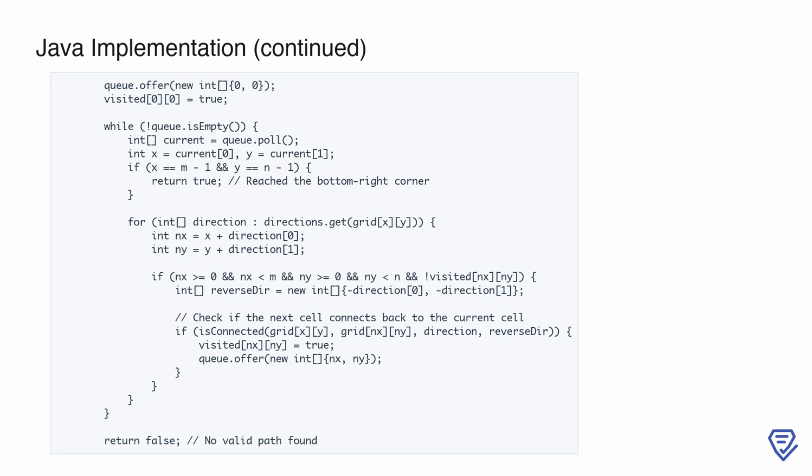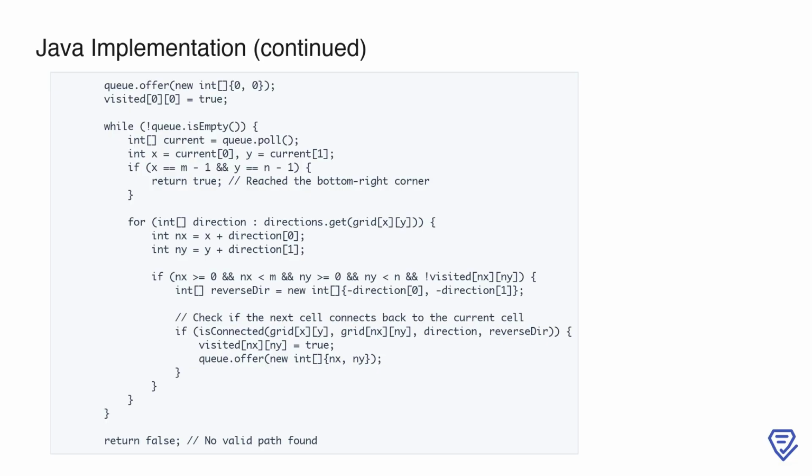The breadth-first search loop runs as long as the queue is not empty. Within the loop, we dequeue the current cell and check if it's the bottom right corner of the grid. If so, we immediately return true, as we've found a valid path. Otherwise, we iterate over all possible directions for the current cell's street type. For each direction, we calculate the coordinates of the next cell.